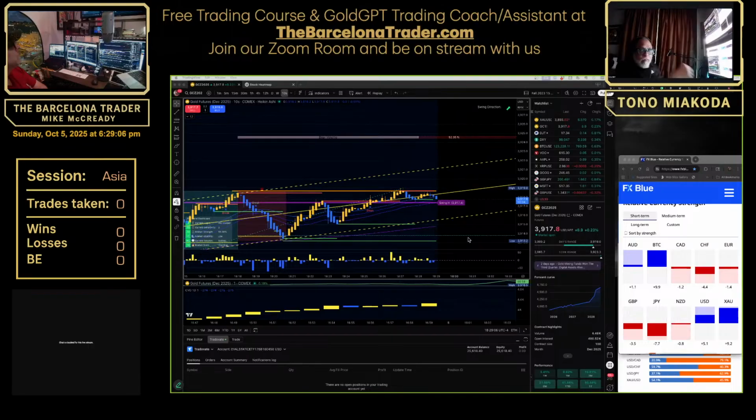What is this resistance line on your 1 minute? Oh, that's the 10-second. Here's the 1 minute. Okay, this big yellow band up here. It's last week's high of the week. Gotcha.